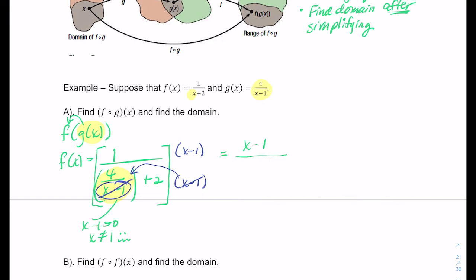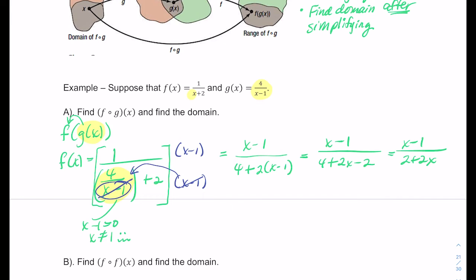On the bottom, when you multiply 4 over x minus 1 times x minus 1, the two x minus 1 quantities go away, and you're left with 4 plus, and now you have to remember to multiply 2 times x minus 1. And then we're going to simplify that even further. So I'm going to have to distribute my 2 and then combine my like terms. That's the simplified version of that composite function.